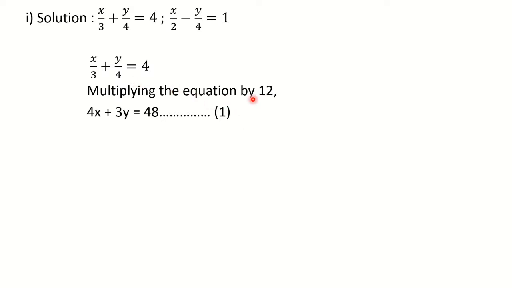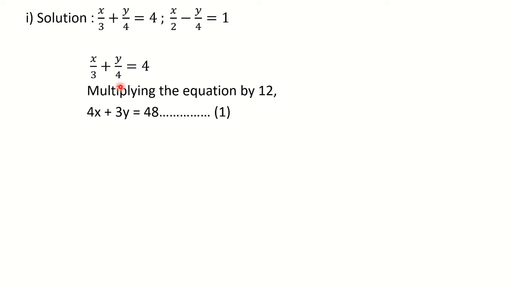Or if you don't want to multiply by 12, somebody will think that let us go for cross multiplication here. You do know cross multiplication, so you can do that also. So when you cross multiply, here you will get 4x and here you will get 3y. See, 4 into x is 4x and 3 into y is 3y. So 4x plus 3y in the numerator, and in the denominator you multiply them both.